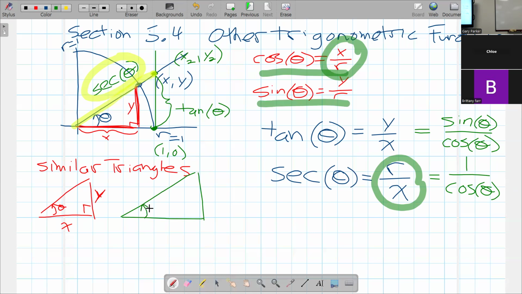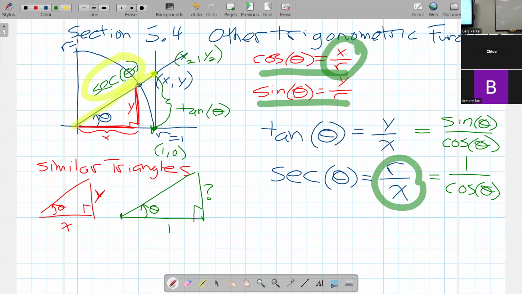We have the same angle theta here. It's just that this horizontal is longer. Instead of x, I'm going to go with the unit circle, it's just 1. So I'm going to say that's 1. And then I'm going to put a question mark for that opposite side there. When triangles are similar, ratios of sides are in proportion.